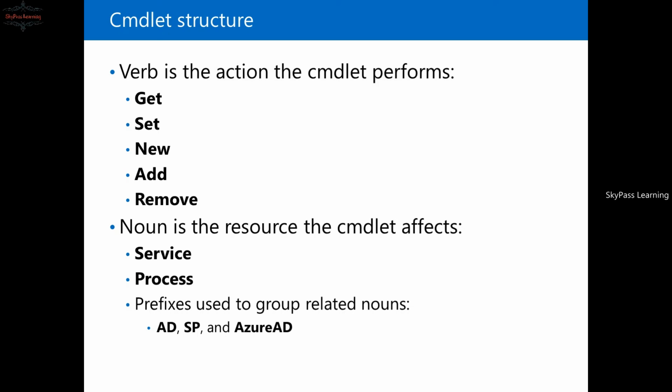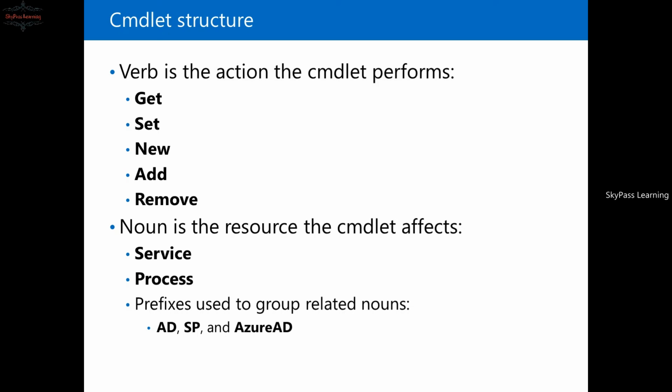So you can see the first part comes in the form of a verb, where you can use Get, Set, New, Add, Remove. These are action-specific commands where you can specify a specific type of activity.